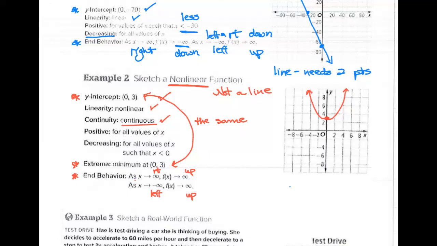It's above this line y equals 0. Is it decreasing for all values of x such that x is less than 0? So when x is less than 0, it is decreasing up to that point. Okay? So this ticks off all the boxes, and that is your graph.